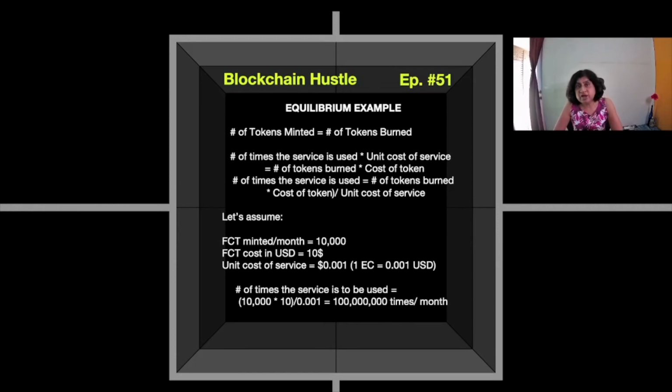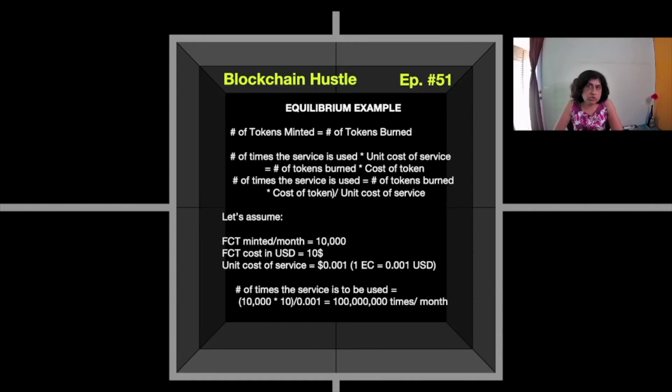So the number of times that people need to use that service to get that equilibrium, if you plug those numbers into this equation, you see that the service would have to be used 100 million times a month.